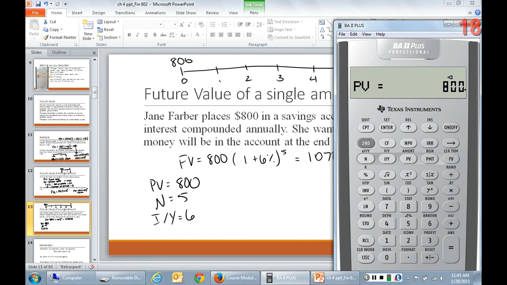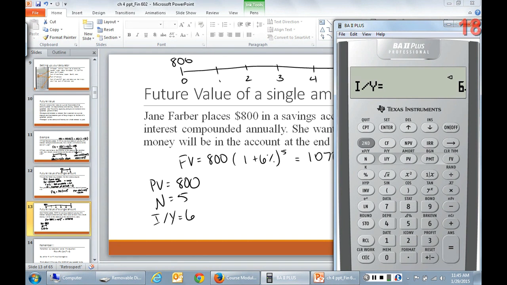The number of periods, N, is 5, so we push 5 and N. Now our number of periods is set at 5. And the interest rate is 6. In a financial calculator or a graphing calculator, you can put interest rates in as whole numbers. You don't have to put in 0.06. You just type in 6. So 6 and the interest rate.